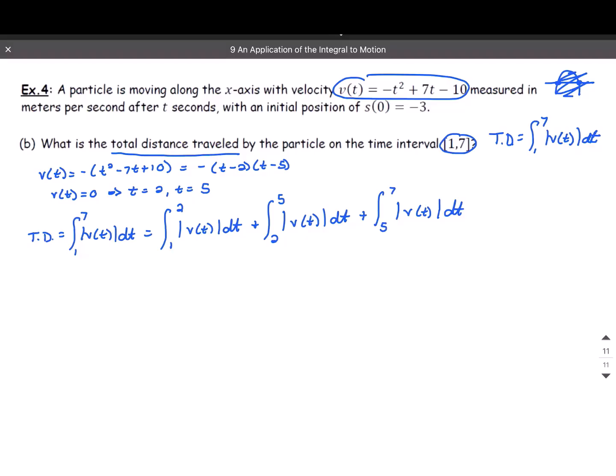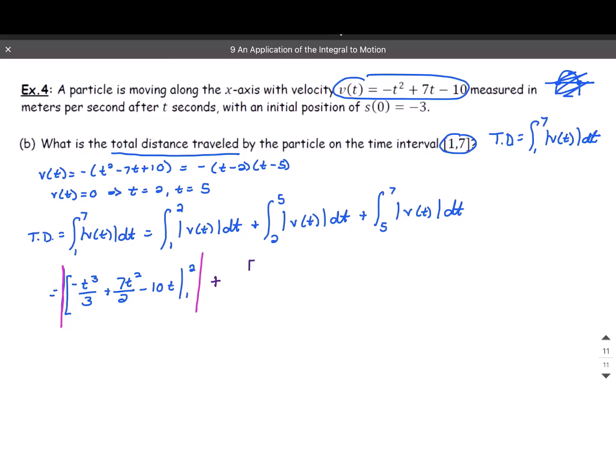Okay, now we've already done the antiderivative of v of t dt. We did that before. We know that it's negative t cubed over 3 plus 7t squared over 2 minus 10t. But we're evaluating from 1 to 2, and we're taking the absolute value of this.